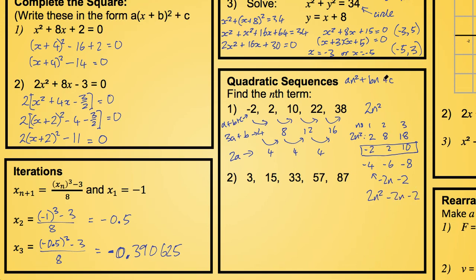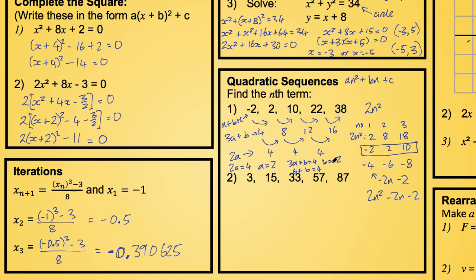I'll just describe quickly using this method. If I know that a is 2, so 2a is 4, and that tells me that a equals 2. I can then use this 3a plus b equals 4, and that tells me that 3 times 2, 6 plus b equals 4, and therefore b equals minus 2, as I've got here, minus 2n.